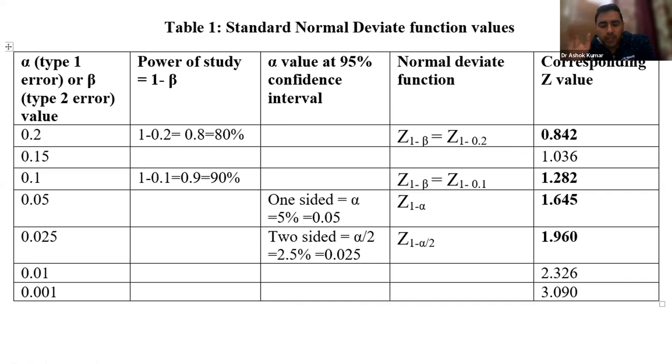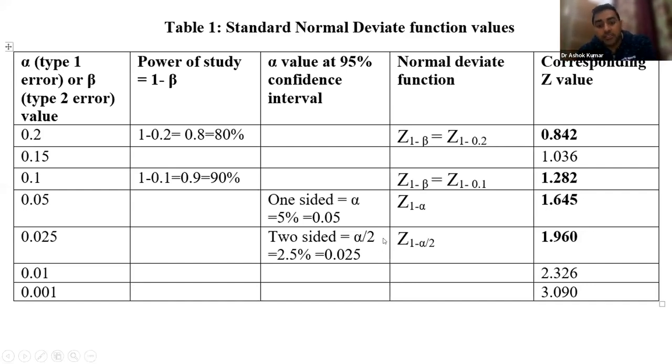So please remember, if you are calculating sample size for a superiority or non-inferiority trial, use the one-sided value. The corresponding Z alpha value, Z 1 minus alpha or Z alpha, same thing, is 1.645. Please use this for Z alpha in superiority and non-inferiority.